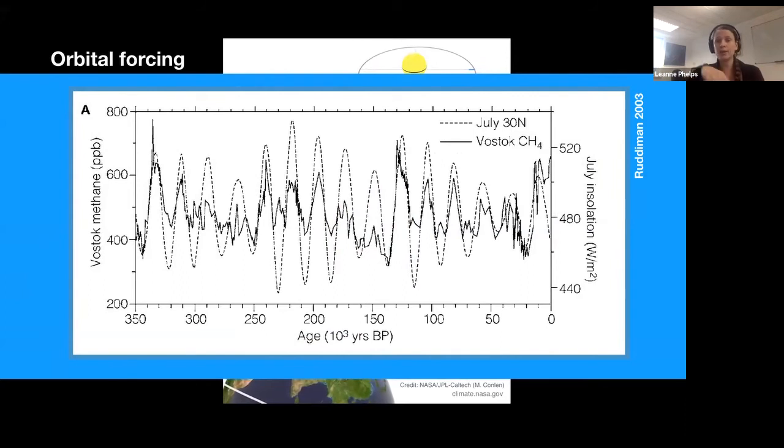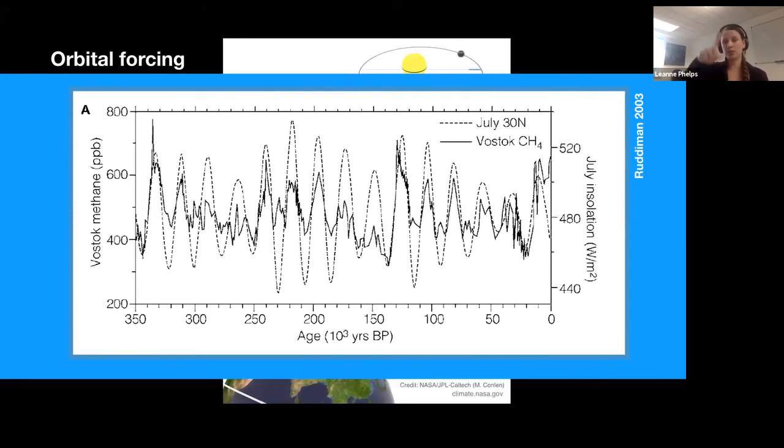When we reconstruct that, you can see that changes in greenhouse gases like methane or carbon dioxide follow natural cycles. They do deviate quite a bit, as you can see. The dashed line is insolation, so you've got these periodic cycles. And the thick black line, in this case, is methane.